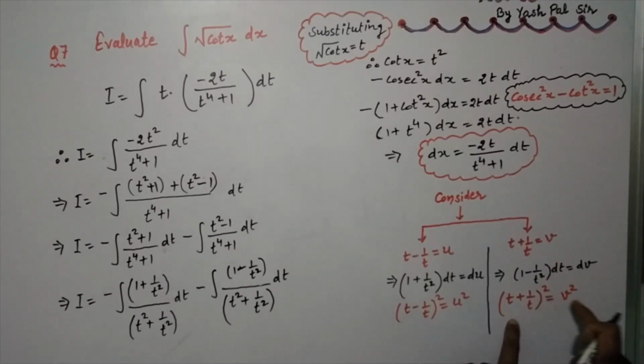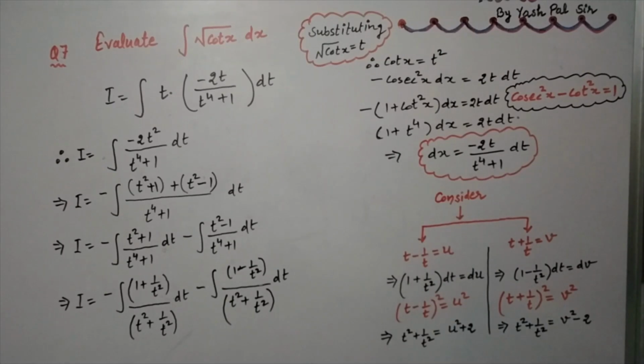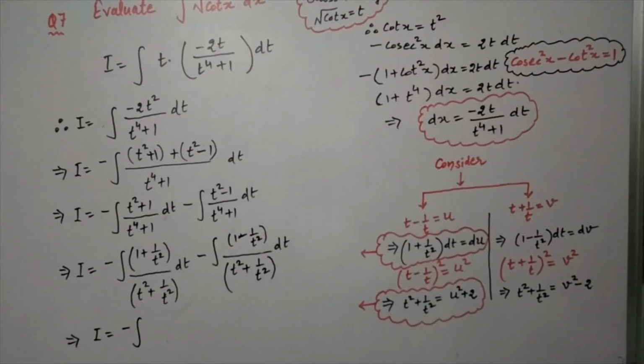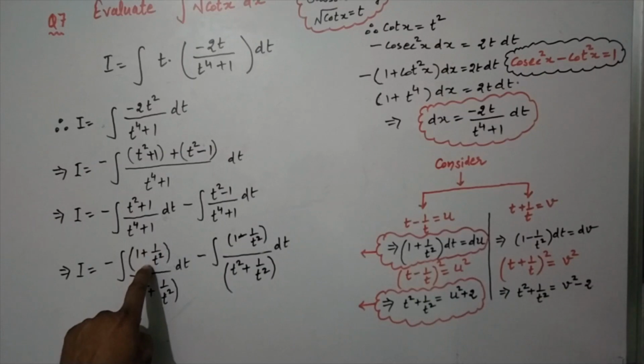One more thing, taking the square, t minus 1 upon t whole square equal to u square, t plus 1 upon t whole square equal to v square. Now opening the square, we get a square minus 2ab plus b square, minus 2 will go here. A plus b whole square, a square plus b square plus 2ab, plus 2 will go here. Okay, now we substitute these values.